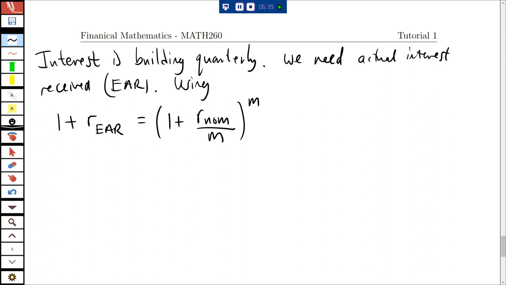So all these individual compounding periods in 1 year, and we compare that with a single compounding period. So we need some rearrangement using the numbers we have.